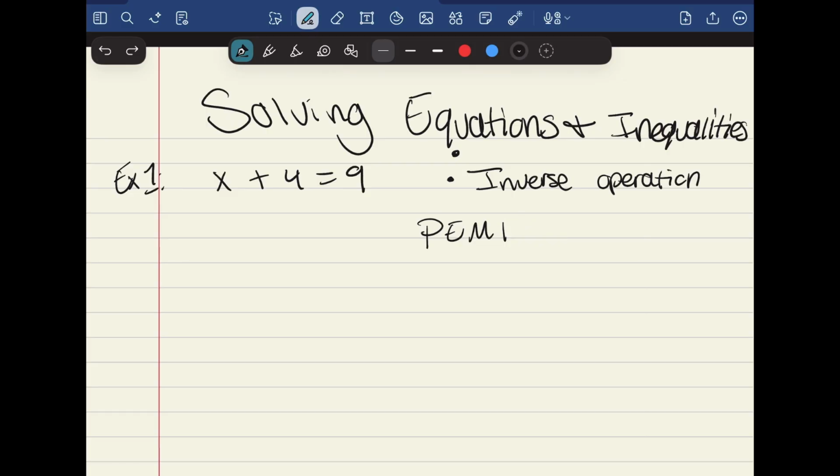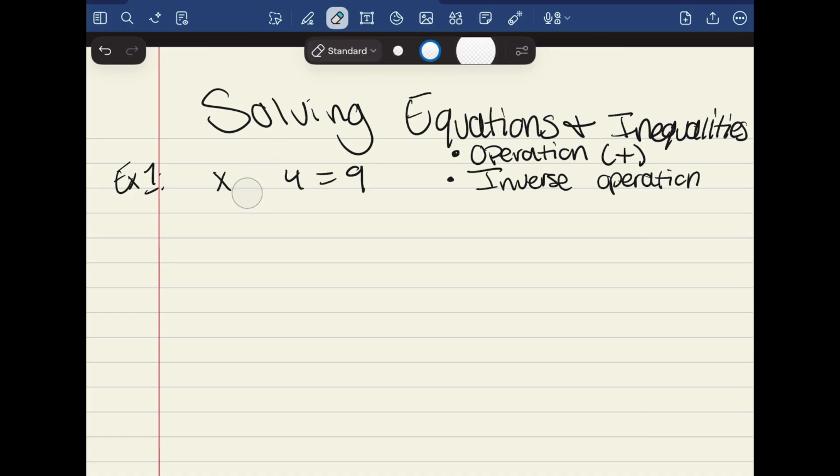Now, let's identify what we're using. What's our main operation here? Addition. So our current operation is addition. So I'm going to do what's called inverse operation.